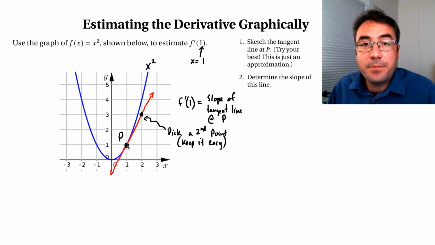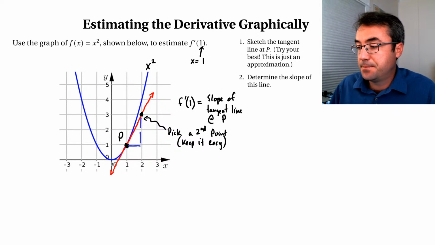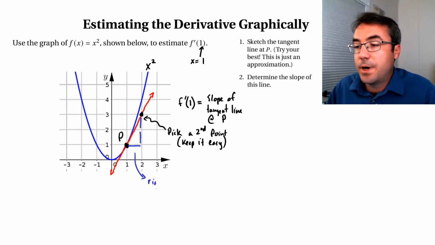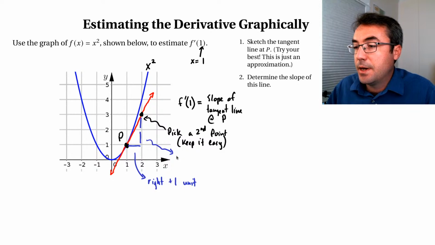So to go from point P to that second point that we drew, we would go to the right 1 unit, and then we would go up 2 units. So right plus 1 unit, and then up plus 2 units.